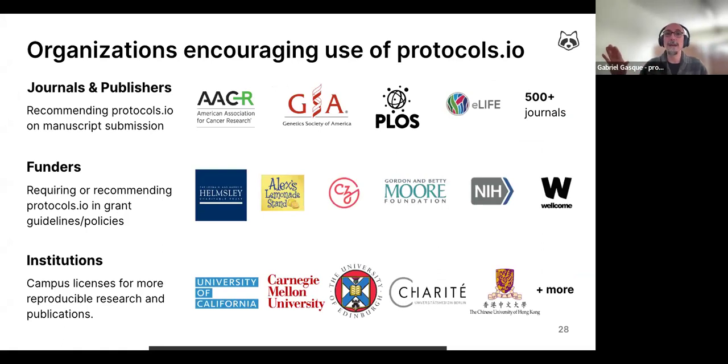And this also applies to many funders, now encouraging or requiring detailed method sharing. And remember that I said that we have never had an issue with authors not being able to publish a paper for publishing a protocol first. In fact, not only do journals not see a conflict with publishing your protocols early in protocols.io, they often actively encourage the use of the platform.